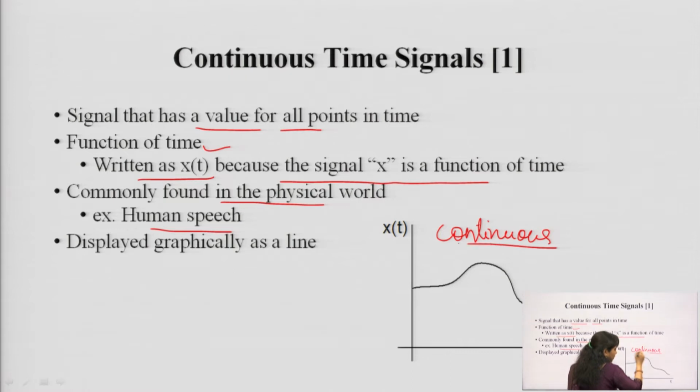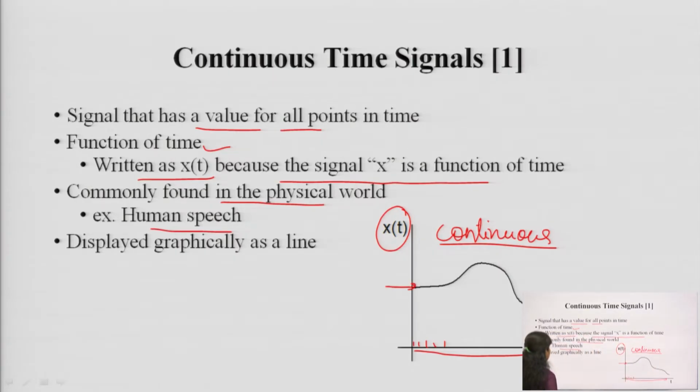What do you mean by continuous? Continuous means firstly it is denoted by this x(t) and it will be defined at every point of time, whether it is here, everywhere, it will be defined at every point of time. It is displayed graphically as a line. So, that is an example of continuous time signal.